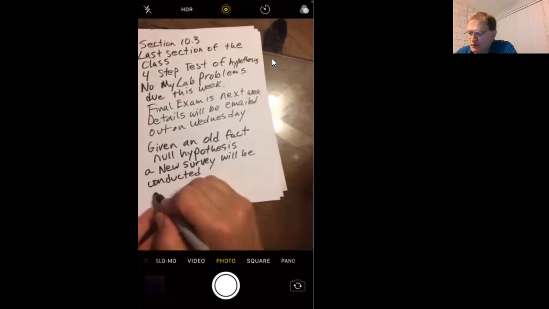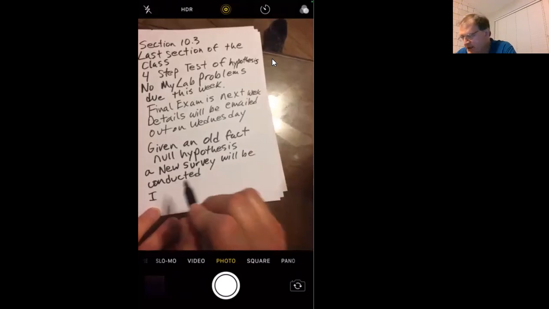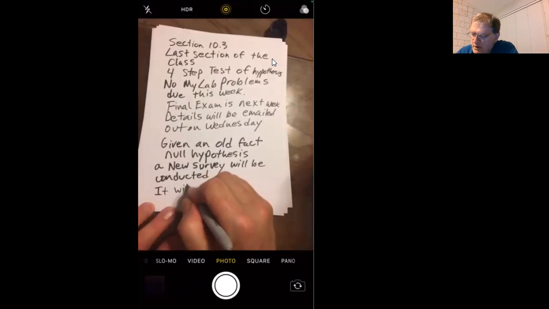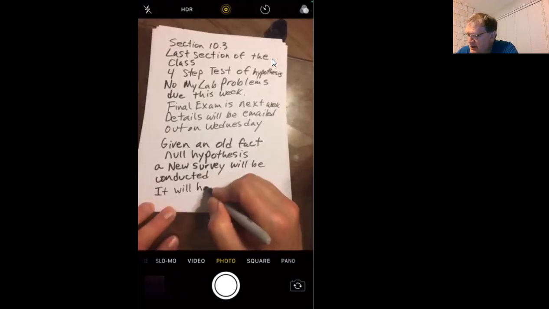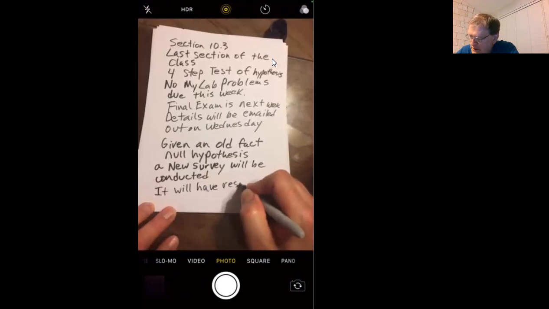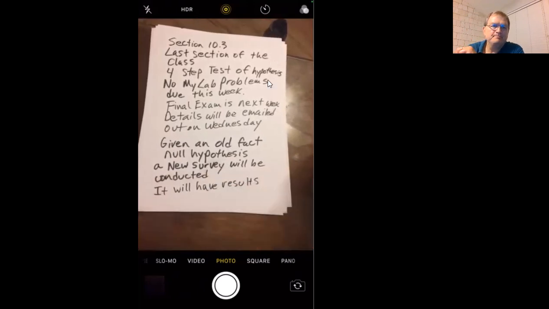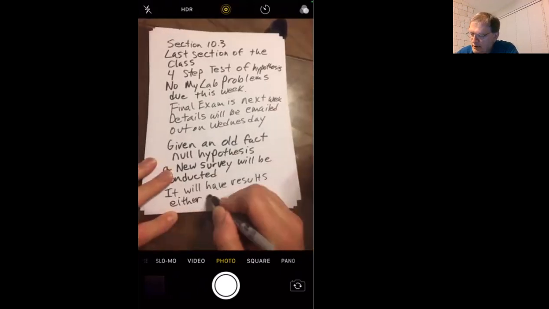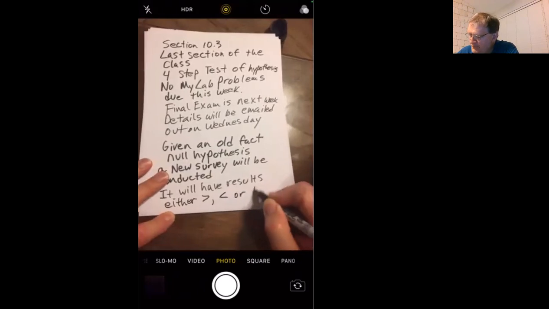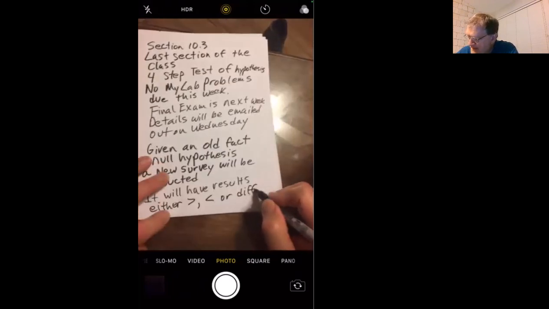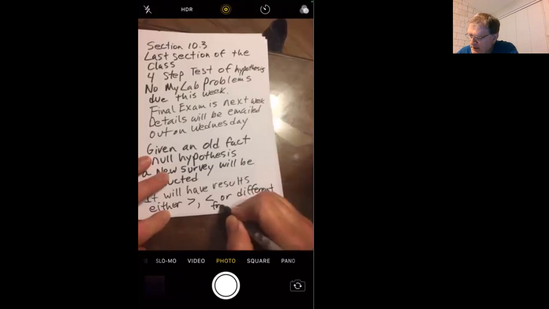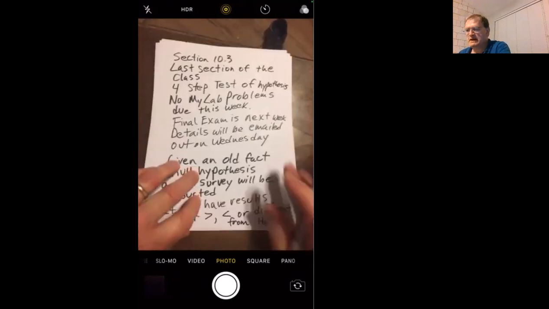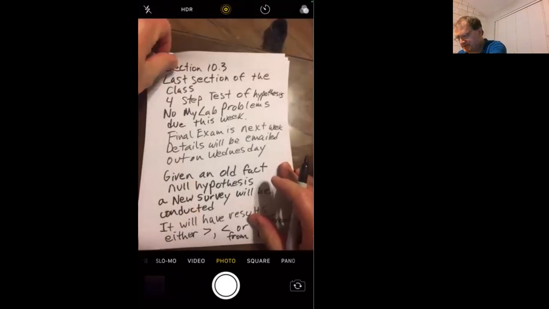It will come out with results either greater than, less than, or different from your null hypothesis. That will nail the kind of test.